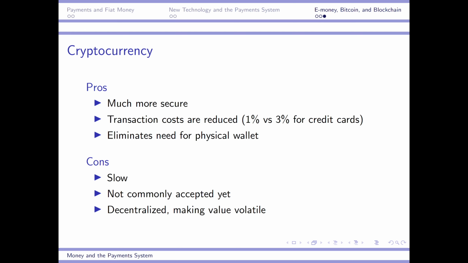So you have to give your landlord 20% more Bitcoins than you would have in the morning. And so people are a bit leery because of this volatility in the cryptocurrency market that comes from it being decentralized. It's not controlled by the Fed or any sort of central government.